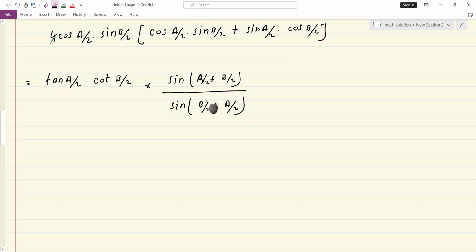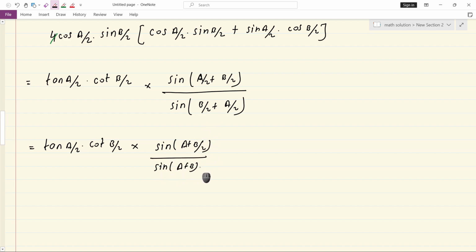So basically these two are the same thing, tan A/2 · cot B/2 into this term sin (A+B)/2. Similarly here also sin (A+B)/2. So basically these two terms will cancel.